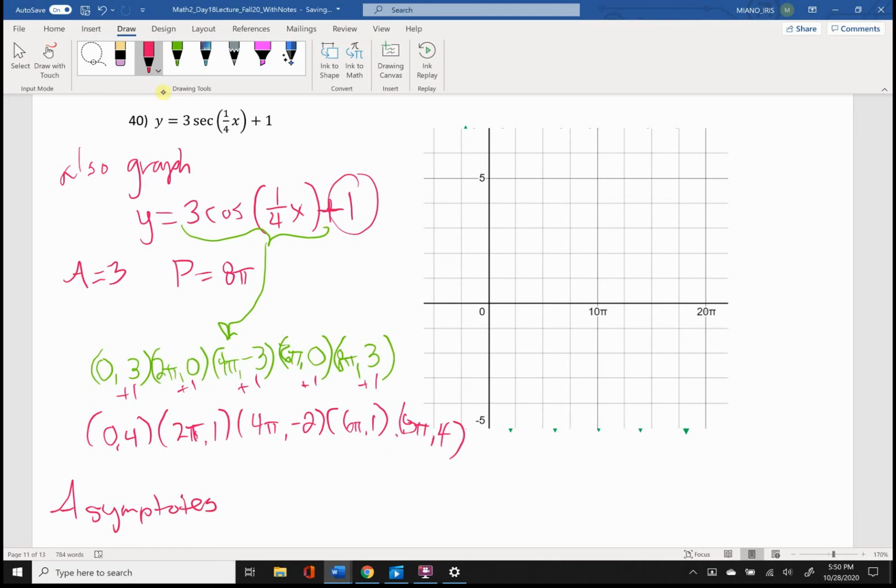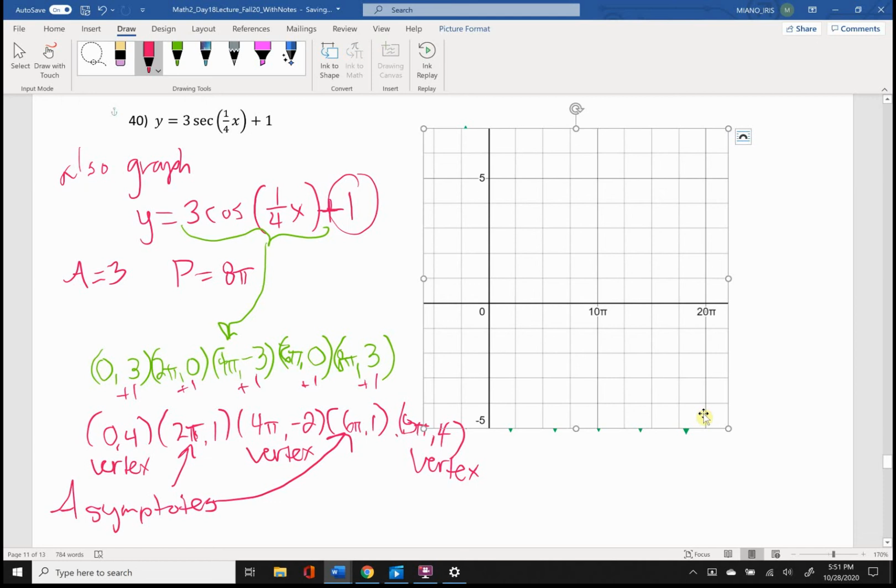Asymptotes are going to be here and there. It's a little bit opposite compared to what was going on with the cosecant. And here's a vertex, another vertex, and another vertex. So let me go ahead and show you some asymptotes and these.